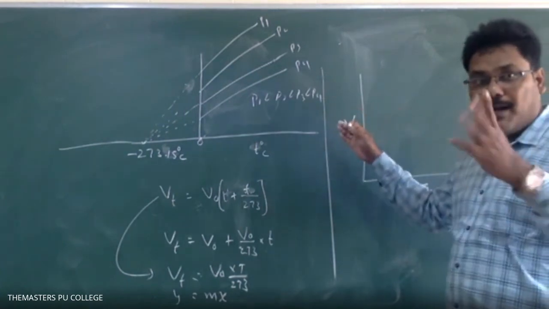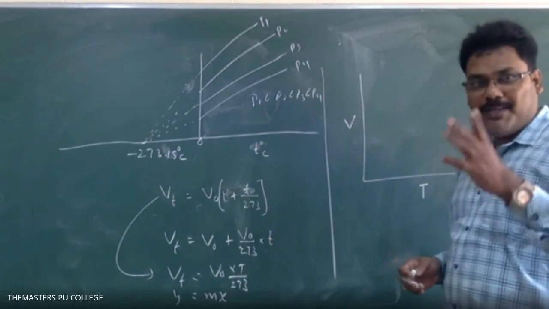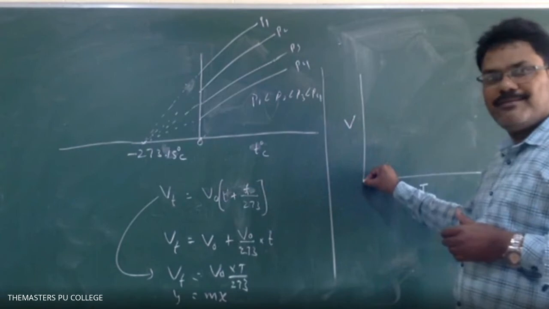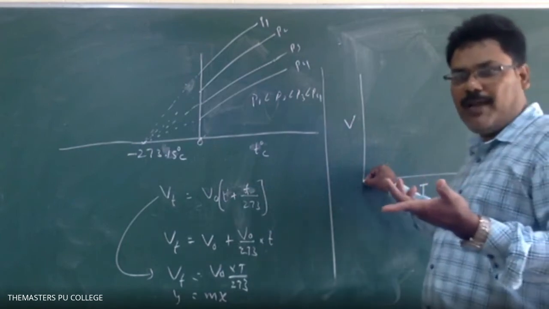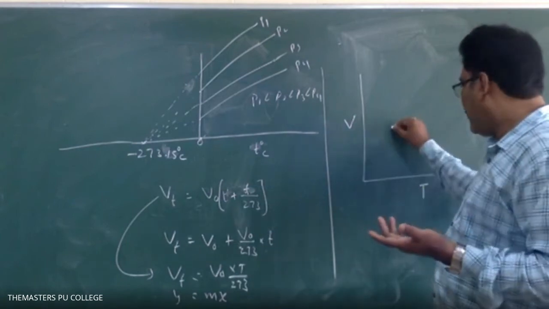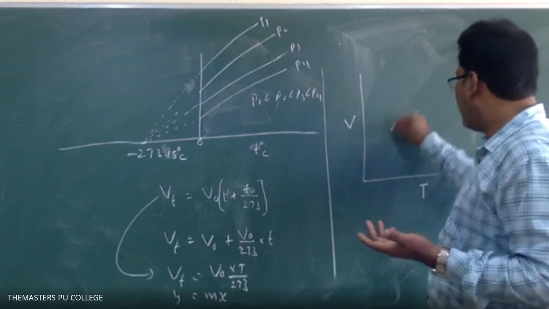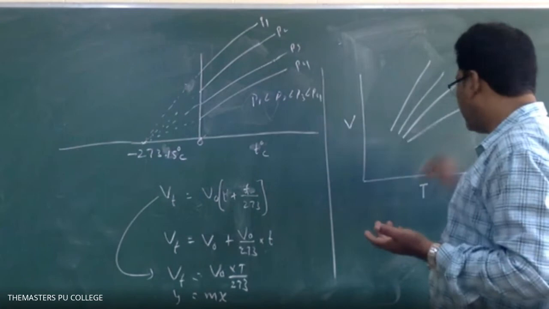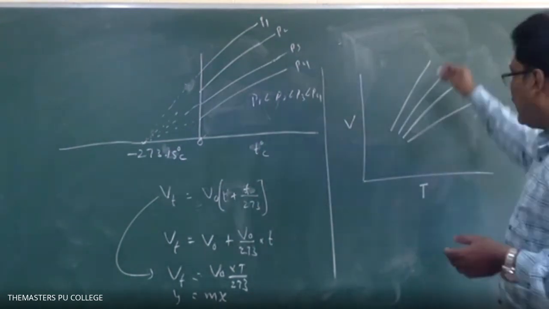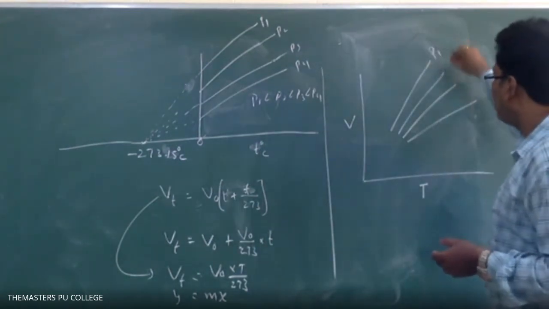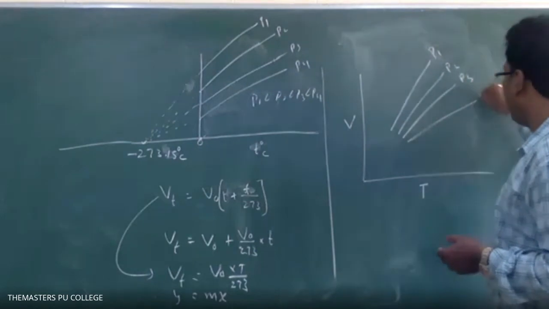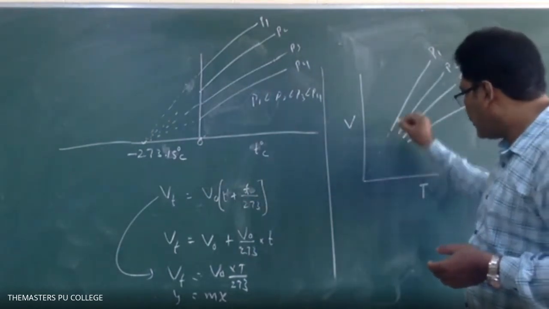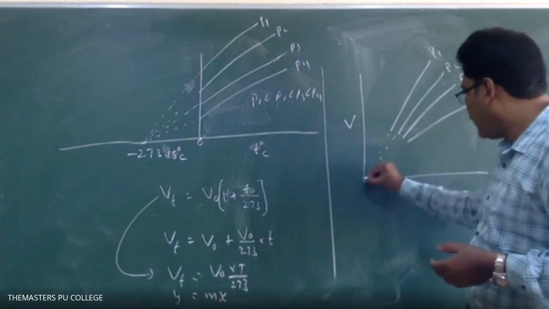Volume of the gas will not be zero, so it will start from here, not from here. It has some certain value. So the straight lines will start from here, here, here and here, at different pressures P1, P2, P3 and P4. If we extend these, they all pass through the origin.